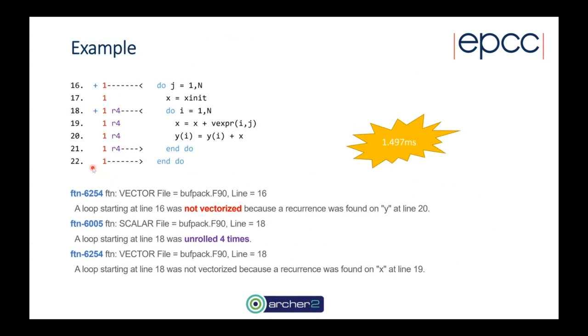So here's an old example using old Cray compilers of the kind of approach we're looking at. This is the code we saw before where it said it's not vectorizing, because it was unhappy that there was this recurrence of this x variable when we're going around this routine.